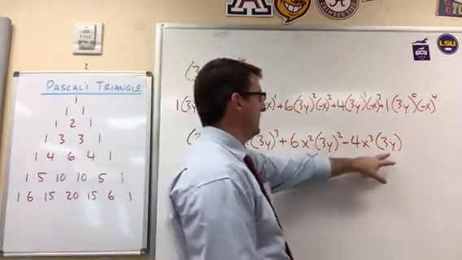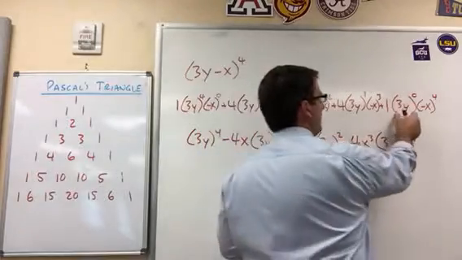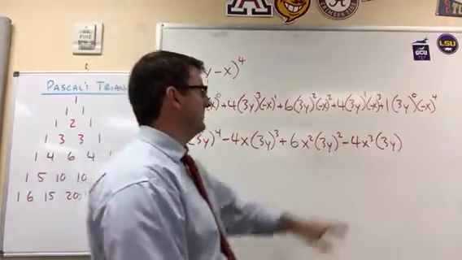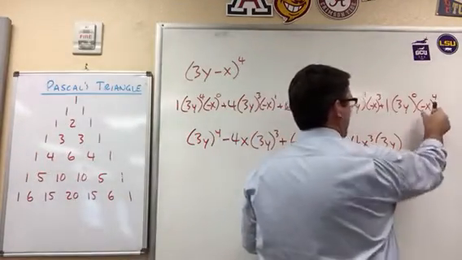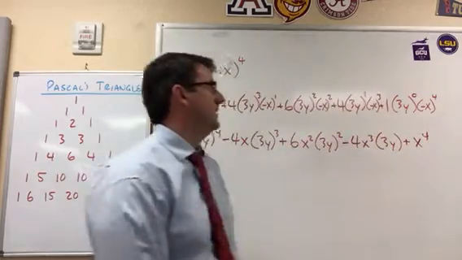And then on this last one, this (3y)^0 is just 1. So we can just eliminate all of that. And what we're left with here is just plus x to the fourth.